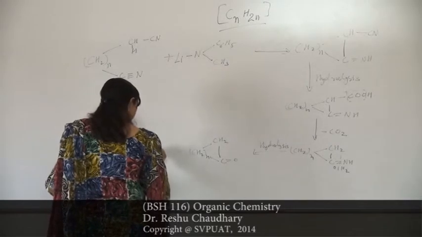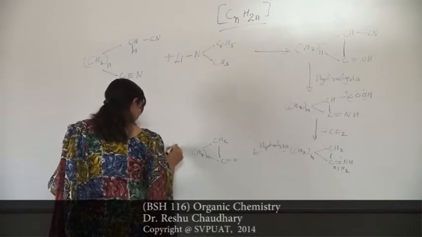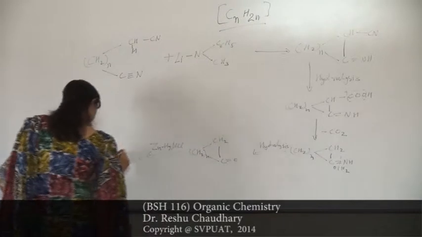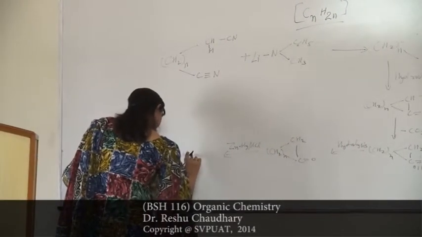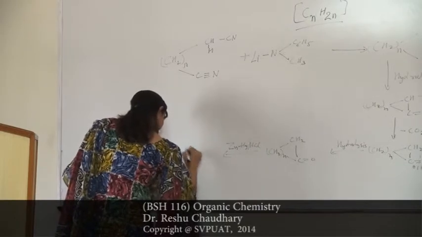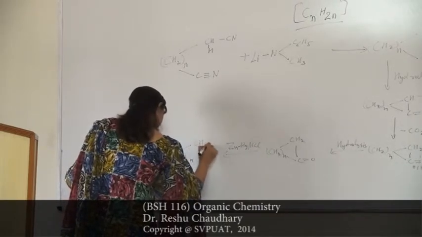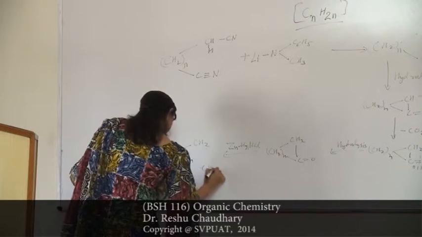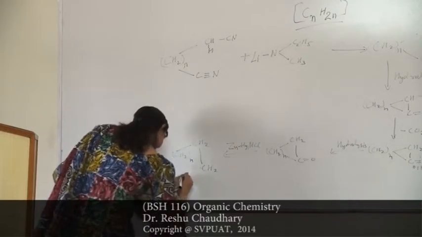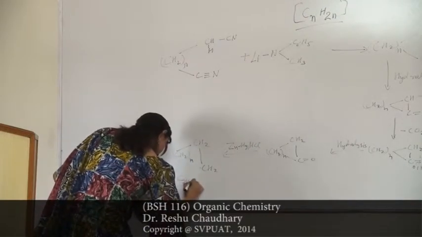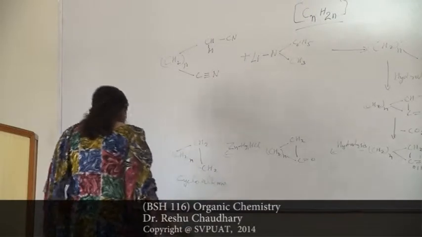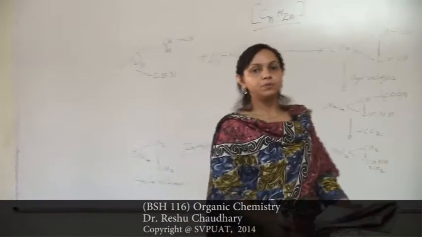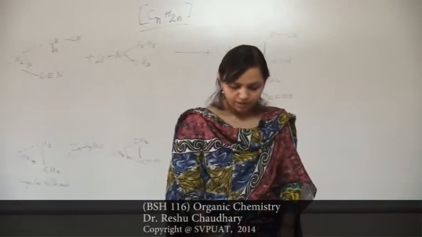In presence of zinc, mercury and hydrochloric acid, they form (CH2)n, CH2, CH2 and this bond, and the name is cycloalkane. This is another method of the preparation of cycloalkane.